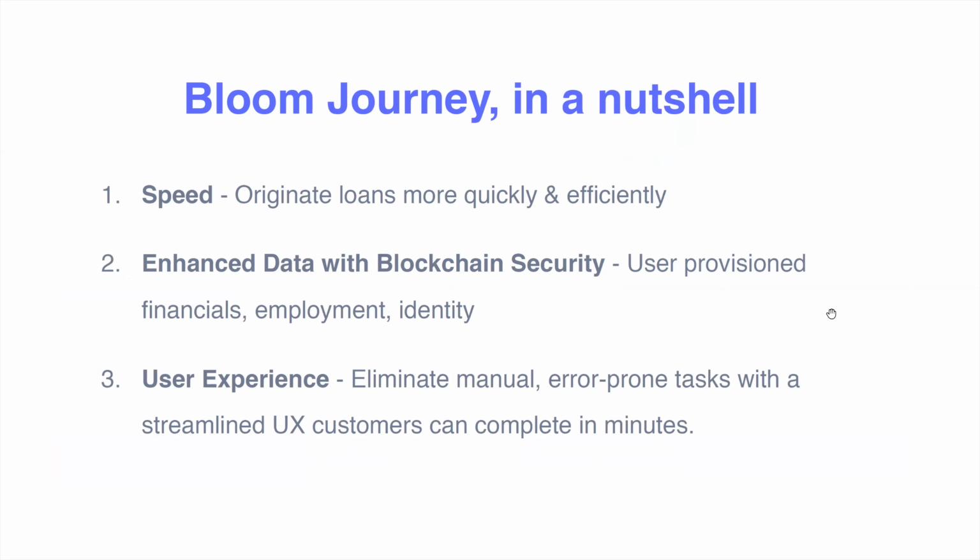And so what we're really doing is a few things for financial institutions: originating loans more quickly, more efficiently, credit cards in Amex's case, making part of that user provision financials, employment and identity, making it really easy and secure to share that data with BMW, because up until very recently, it's literally all pen and paper and something you need to fax.